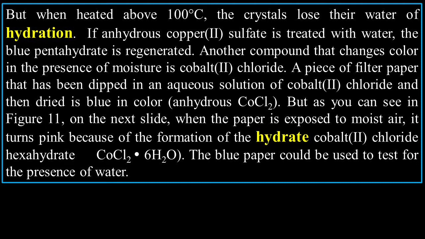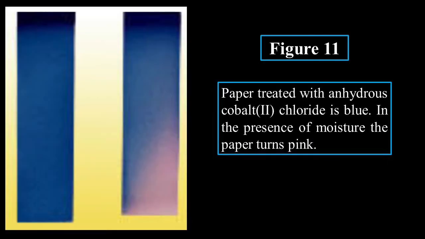Paper treated with anhydrous cobalt 2 chloride is blue. In the presence of moisture, the paper turns pink. So it can be used both scientifically and industrially.